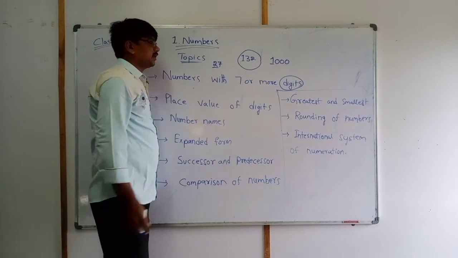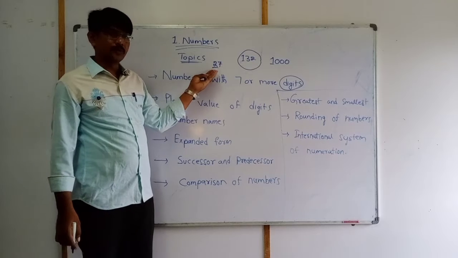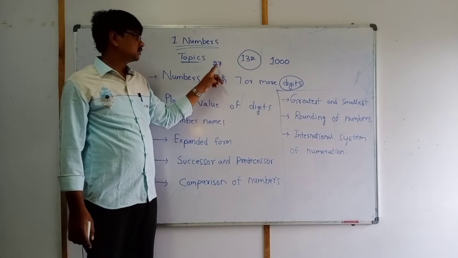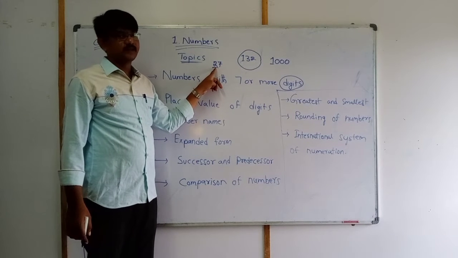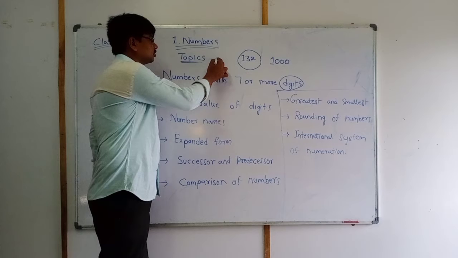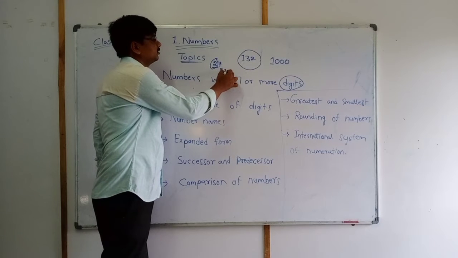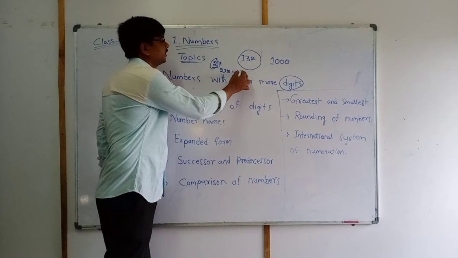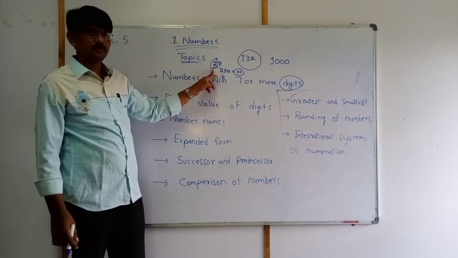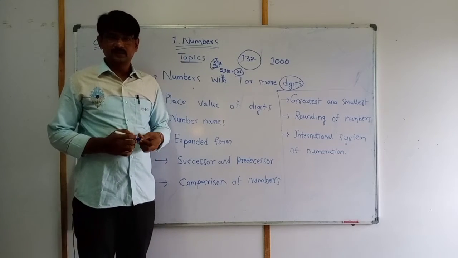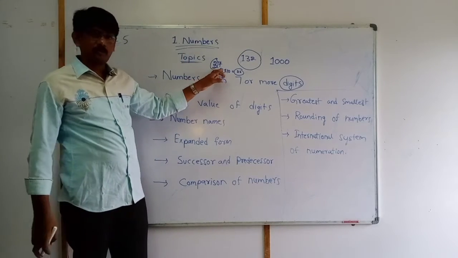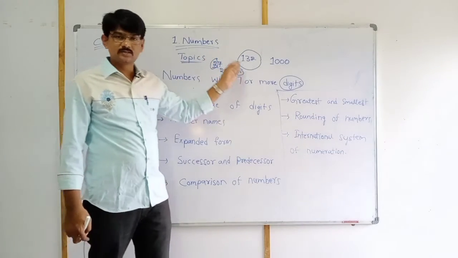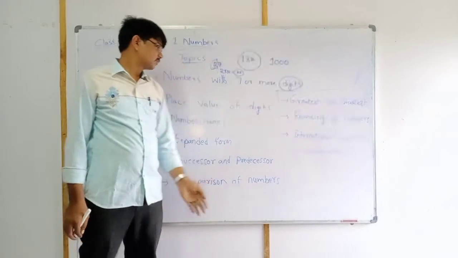What is the place value of 2? In tens place 2 is here, so 2 into 10 is equal to 20. What is the place value of 2? 20. Yes, like that problems we are going to solve in this lesson.